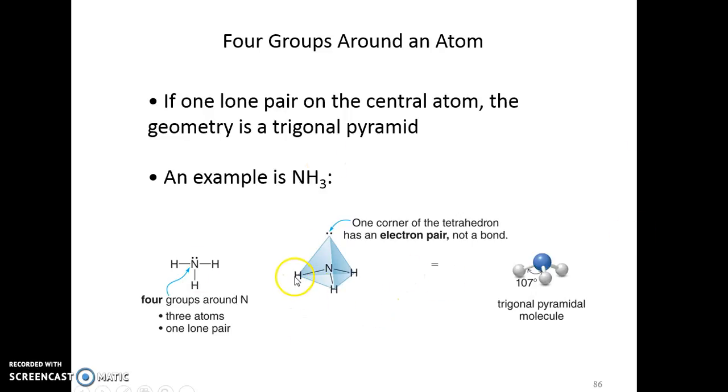If we just look at the atoms, the 3 hydrogens and then the nitrogen, the nitrogen's kind of up in the middle of this pyramid, and the hydrogens are at the corners, which makes the molecule pyramidal. See that there are hydrogens down here that it's resting on, and the nitrogen is up between them. The angles are close to 109.5.